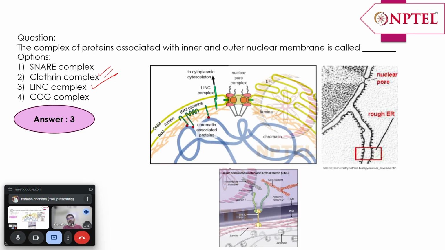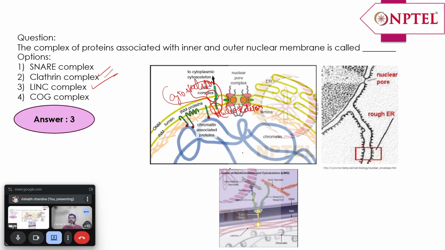So here what happens is this is the LINC complex. This is the inner nuclear membrane, this is the outer nuclear membrane, and it connects both the inner and outer nuclear membrane with the nucleoskeleton and the cytoskeleton to get a fixed shape basically.